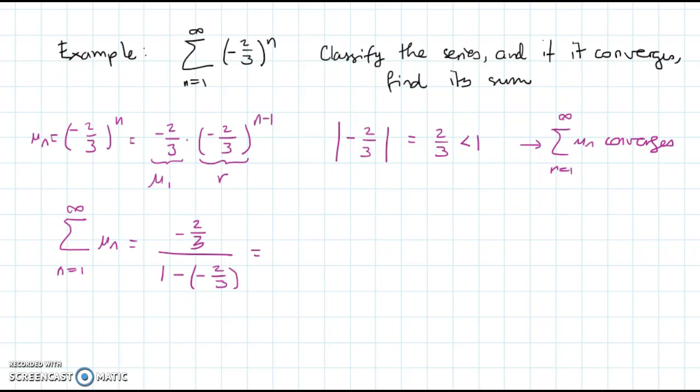So this is minus 2/3 over 1 plus 2/3, so 3/3 plus 2/3, that's 5 over 3, so this is minus 2 over 5. So the limit as n approaches infinity of the sequence of partial sums, the series in this case, converges to the value minus 2 over 5.